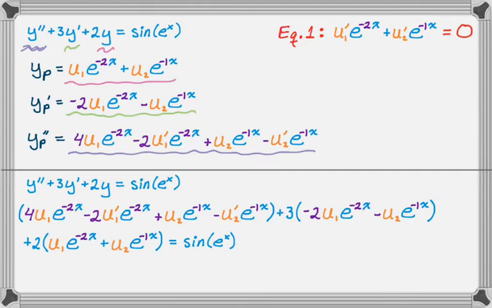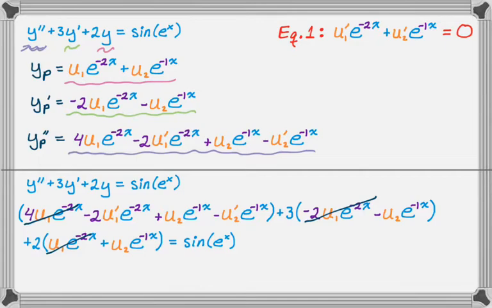Okay, and now if you look through this thing, there's actually a ton of stuff that cancels, right? Look at the u1 e to the negative 2x terms. There's 4 of them, then there's negative 6 of them, and then there's 2 of them. So all of these terms are going to cancel when we distribute and collect like terms. Now we're looking at things that don't have the prime with them.